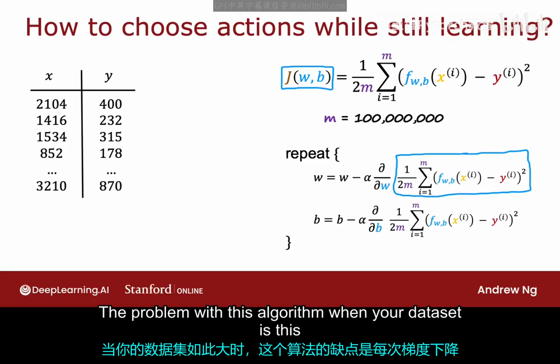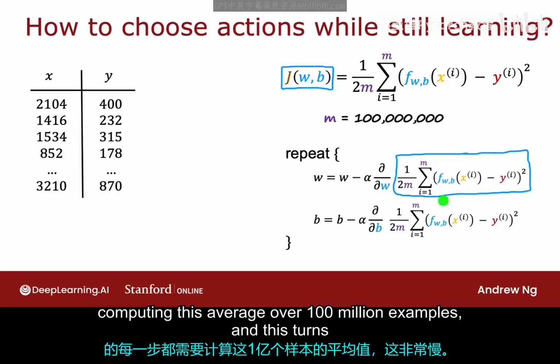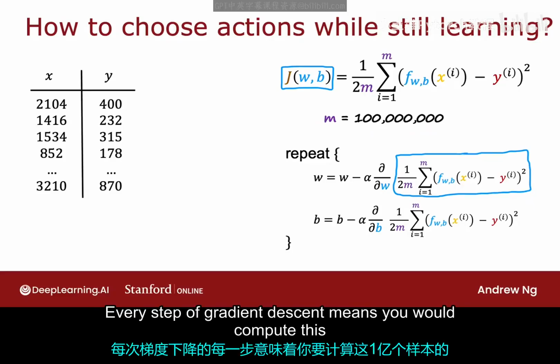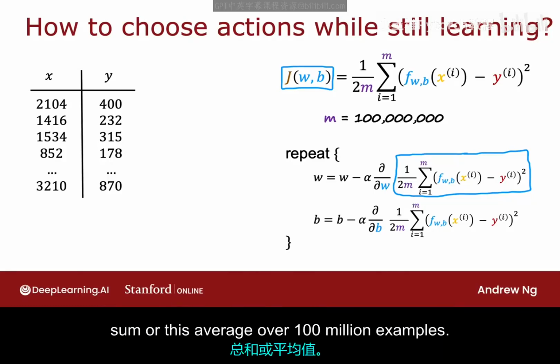The problem with this algorithm, when your data set is this big, is that every single step of gradient descent requires computing this average over 100 million examples. And this turns out to be very slow. Every step of gradient descent means you would compute this sum or this average over 100 million examples.